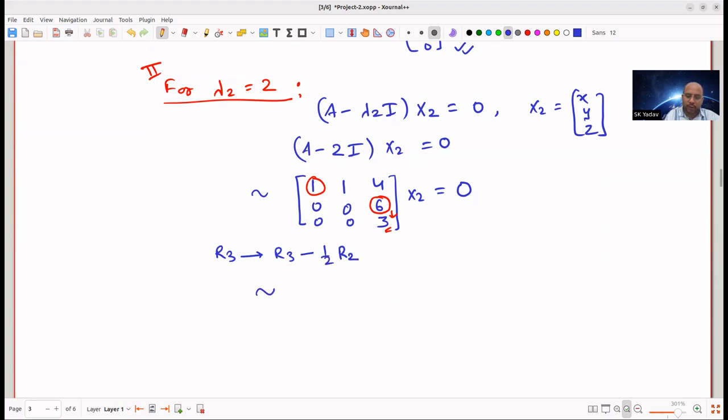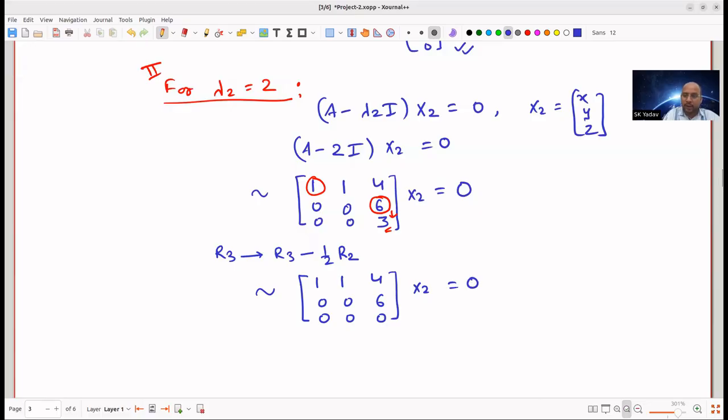So this matrix will change to row echelon form, that is 1, 1, 4, 0, 0, 6, and then I have 0, 0, and this 3 minus 3 will be 0, and x2 is equal to 0.